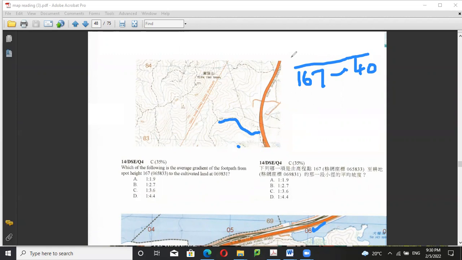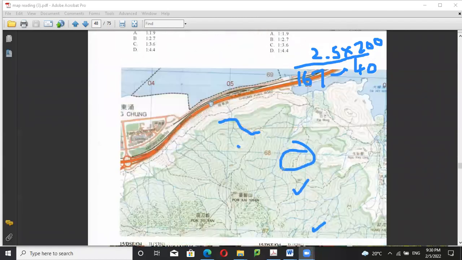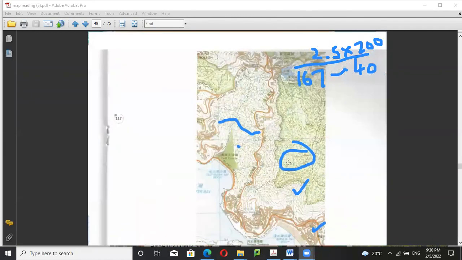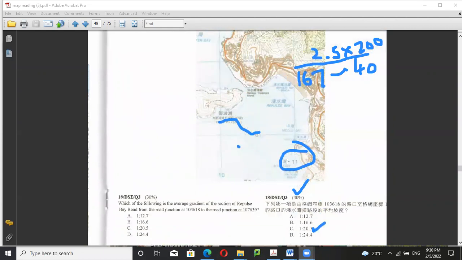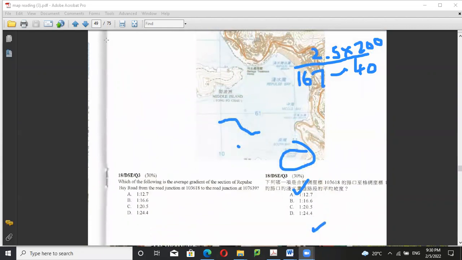Then you times 200 because of the scale. Then it should be 1.1 to 3.6. Okay, C. As you can see right here, C. Next time I really skip it. This one I skip it. Let's move to 1/8.